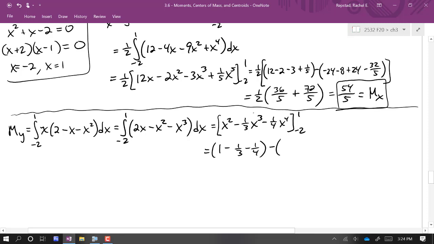And if we plug in negative 2, we get positive 4 plus 8/3 minus, let's see, 4.